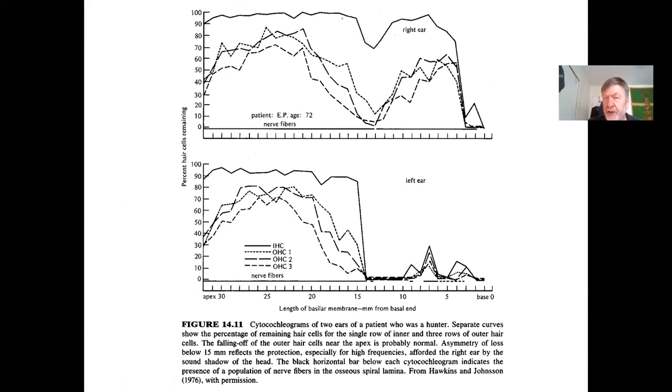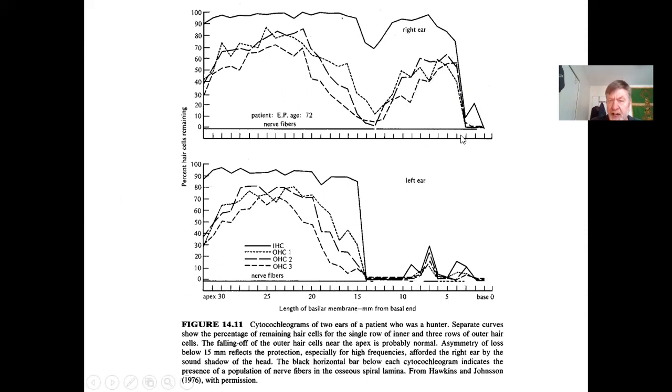Here's a hunter, a right-handed hunter who died, and they looked at his or her ears, and they looked at the cochleas. The right-handed hunter had most hair cell damage toward the base of the left ear cochlea, had less hair cell damage to the base of the right ear cochlea.